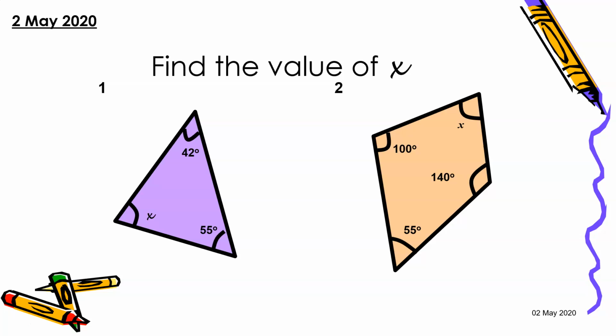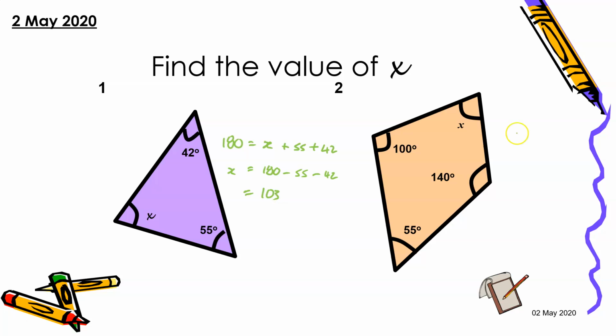So we've done these ones already, looking at triangles and quadrilaterals. I know that 180 is the sum of all the angles. So in this case, it's x plus 55 plus 42. So x must be equal to 180, take away 55, take away 42, which is 103.